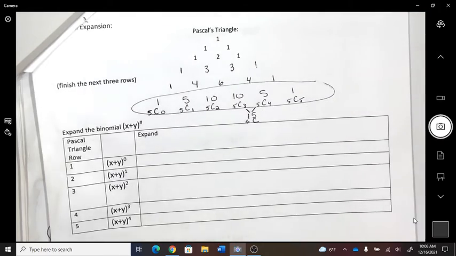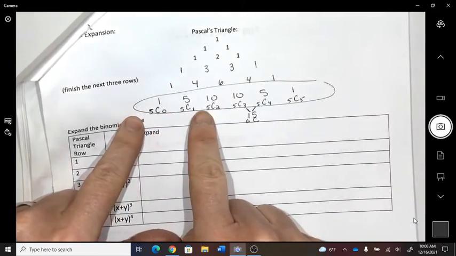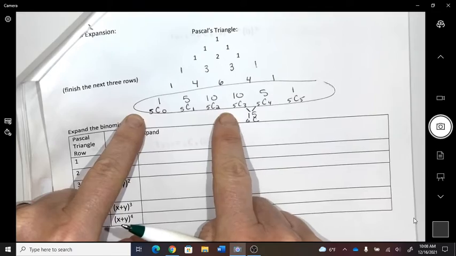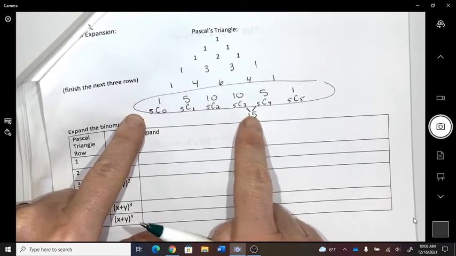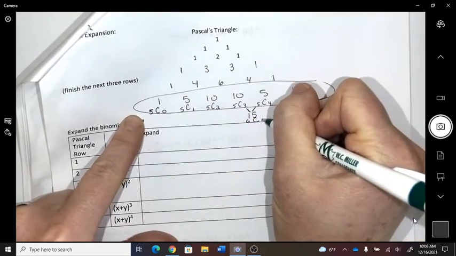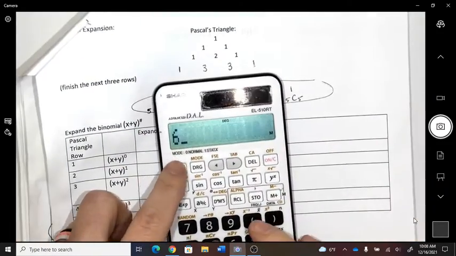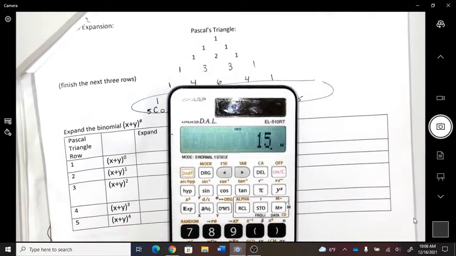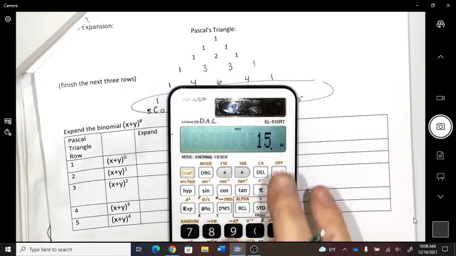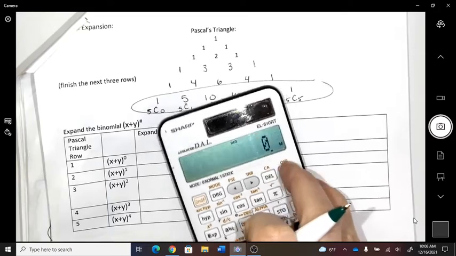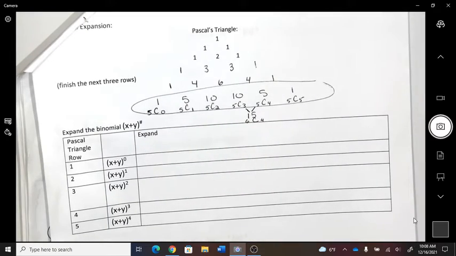So 6 choose 0, 1, 2, 3, 4. Should be 6 choose 4 in the next row. Let's check that out. Does that hold true? 6 choose 4 is 15. Okay, so that's where that whole pattern comes from.